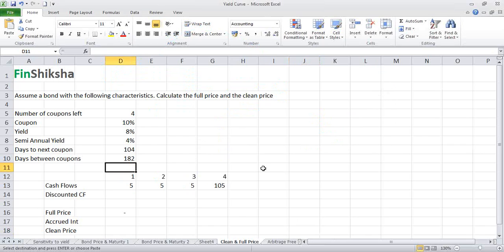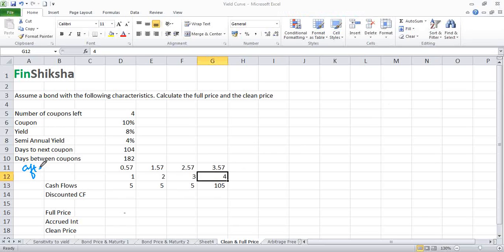104 by 182 is equal to 0.57. So about 0.57 of the period is left. The second period would correspondingly be plus 1, and plus 1. So effectively, while the cash flows are at 1, 2, 3 and 4, what will happen is that the cash flow will happen after these many periods.